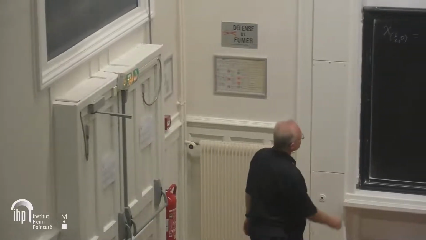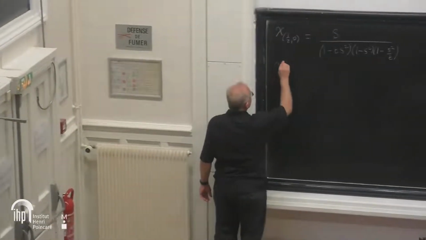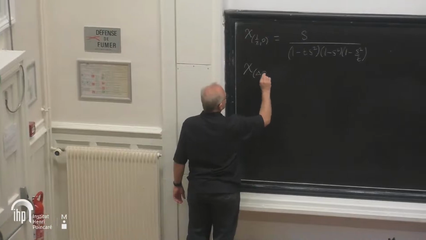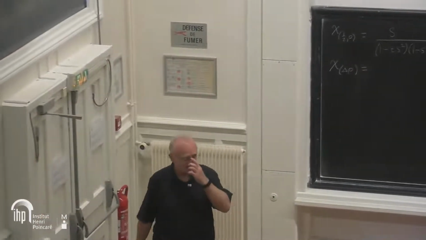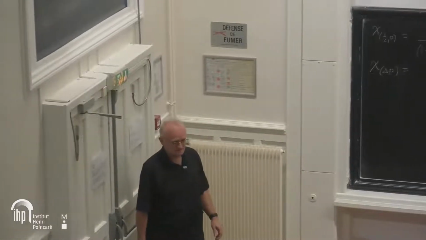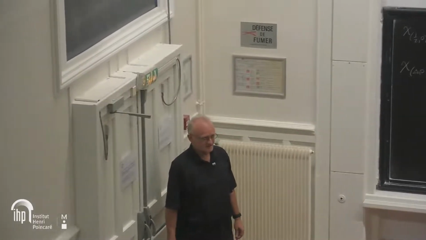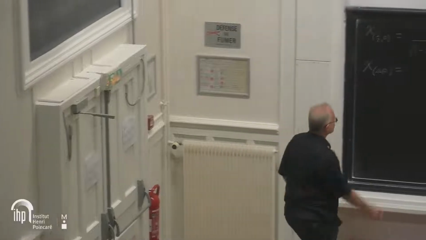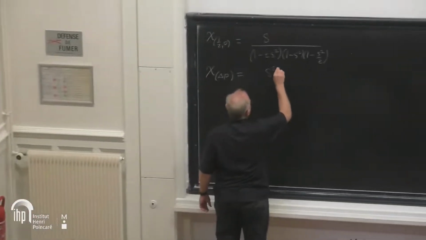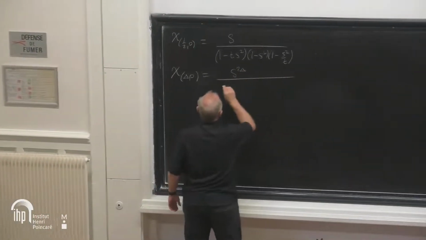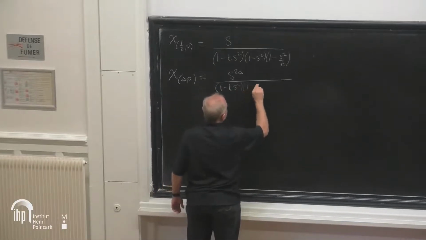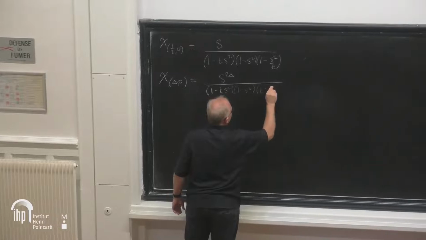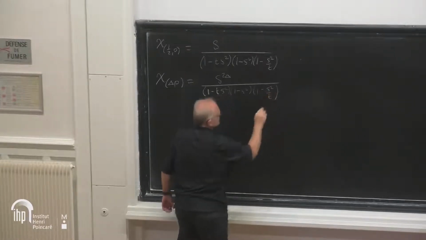Now, okay, guys, let's check. So we did so much work to get that character for the 1/2. Can someone tell me what this character is? S to the 2 delta, 1 minus t s squared, 1 minus s squared, 1 minus s squared over t.